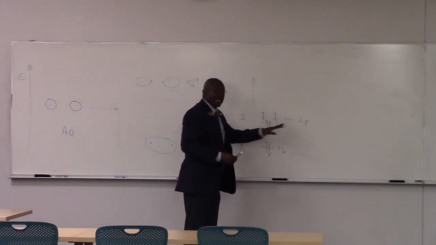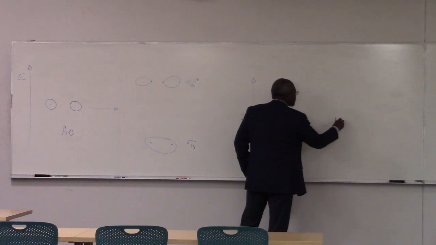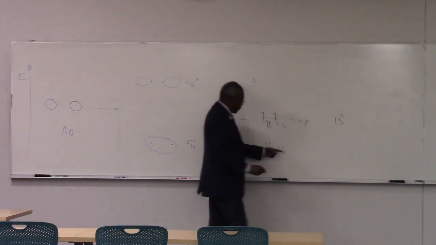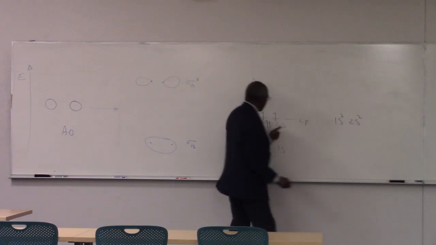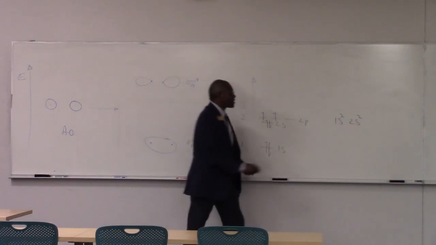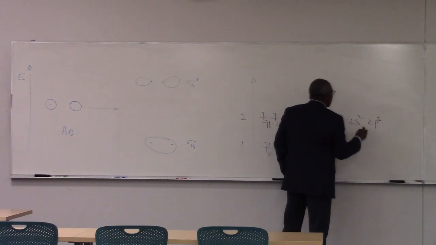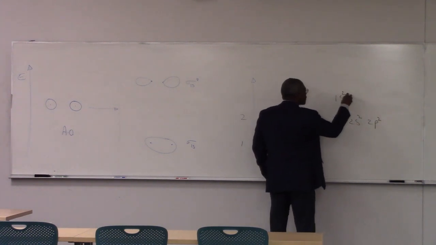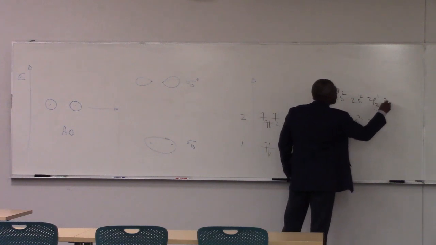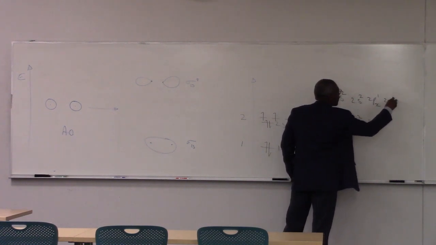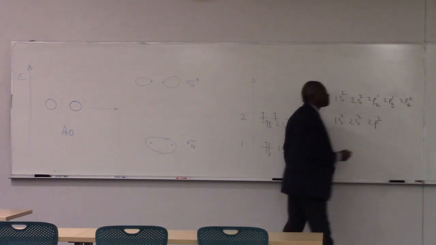So I can then write that the electronic configuration of carbon is 1s2, 2s2, and I can write either 2p2 or, in more detail, 1s2, 2s2, 2px1, 2py1, and for the moment I'll write 2pz0.